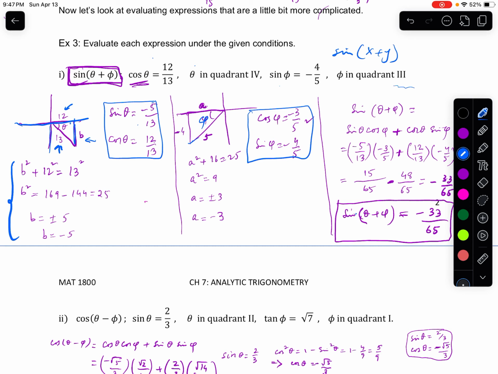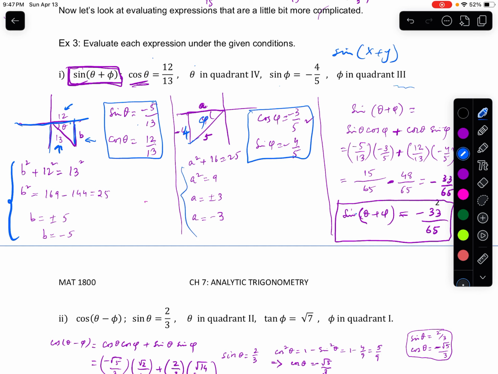There is a negative sign, and since the hypotenuse can never be negative, the negative goes with the 4, which is our opposite side, and 5 goes with the hypotenuse. Now we have the third side left, which we don't know, so we call it A, and I use the Pythagorean theorem to find A.